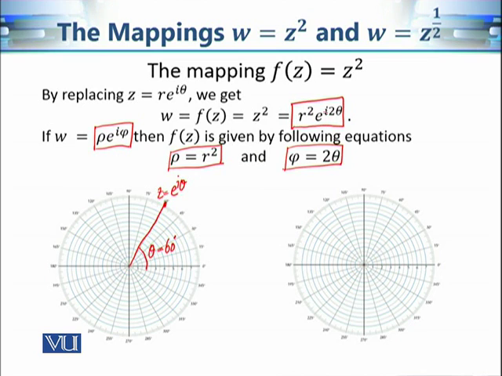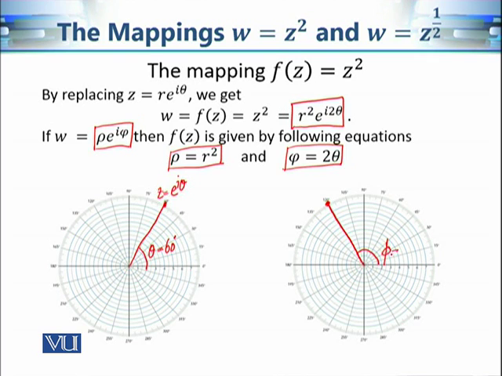So we can see that if we apply this mapping on r e raised to power iota theta, then in the w plane, the image of this complex number has argument 2 times the argument of z. So in this particular example, if theta is equal to 60, then the image f of z has theta 120 degrees.